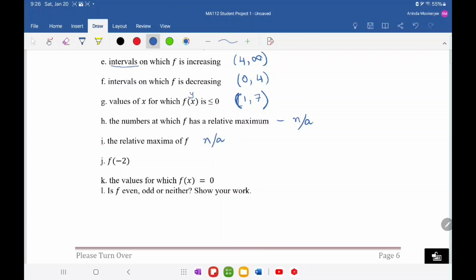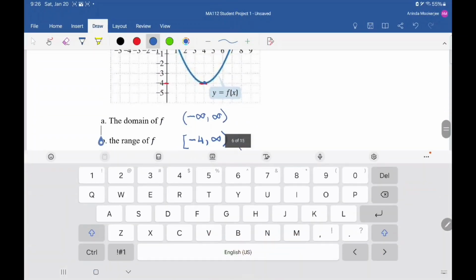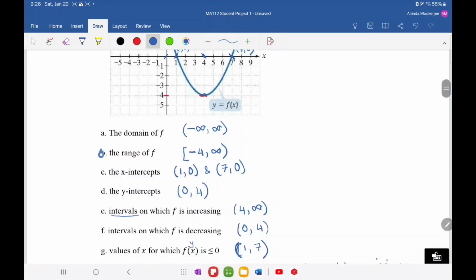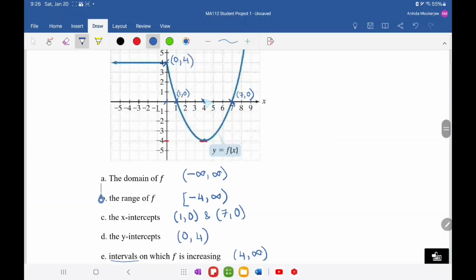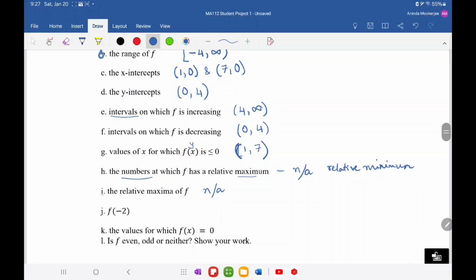However, let me tell you, if the question said what is the relative minimum, the numbers at which f has a relative minimum, then it would be x equal to 4. All right, x equal to 4, that's where the minimum is located.